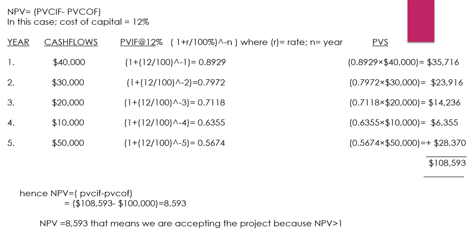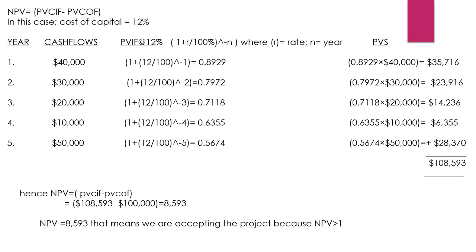So the present value of cash flow will be 0.6355 times the cash flow. Cash flow is $10,000. So the present value of cash flows will be $6,365.